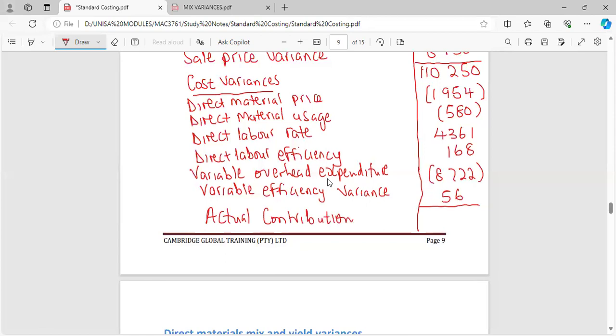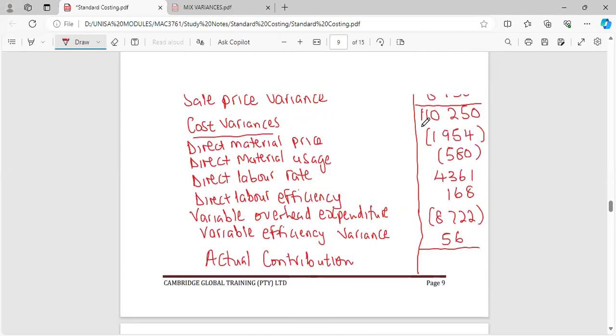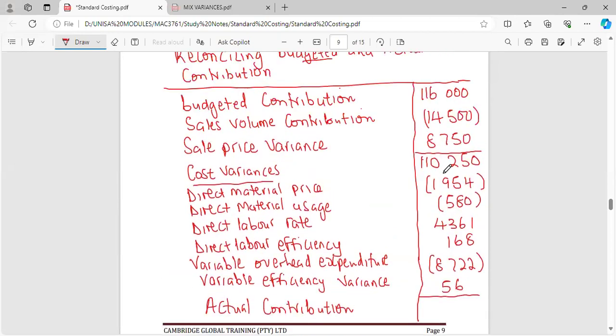So we have to add and subtract what is to be added and what is to be subtracted. So now we can start here and subtract what is to be subtracted. But what I want us to understand more is why do we subtract them and why do we add them? That's the main point, so that even if you encounter any kind of question, you know exactly what you are supposed to do.